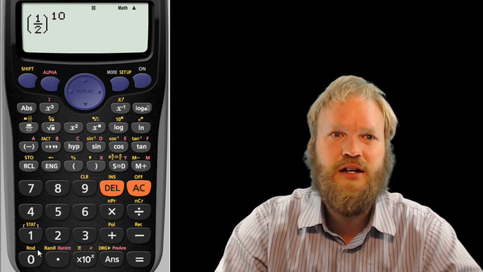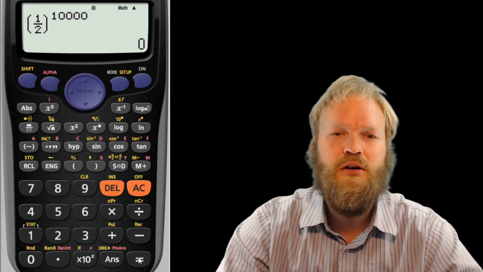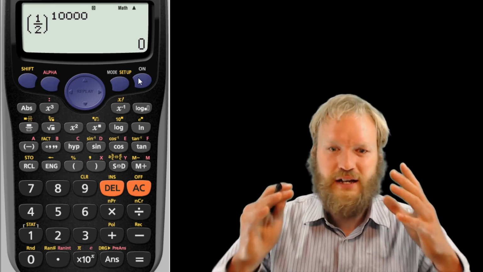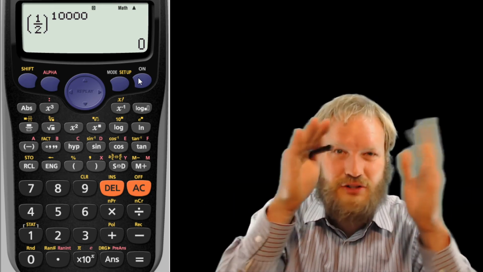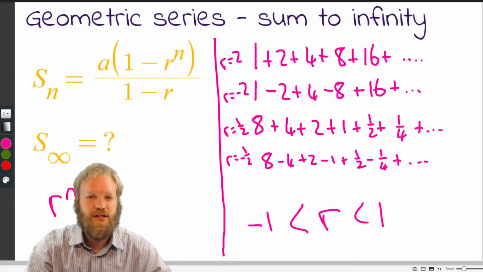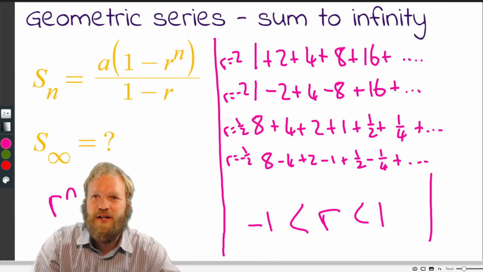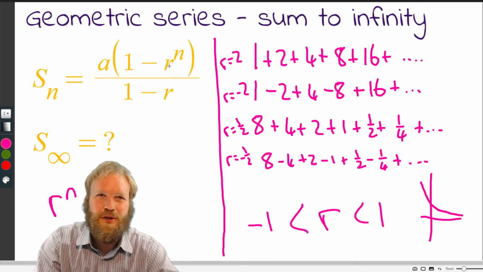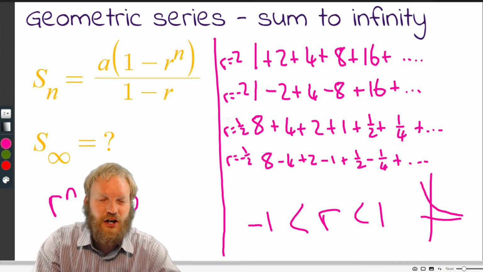So what happens if we had some huge number? Well, as it gets bigger, a half to a really, really big number is going to get closer and closer to 0. When we looked at that in exponential functions, they did that, and we had an asymptote, and I don't want to overthink it. But the point is, this number is going to get closer and closer to 0.